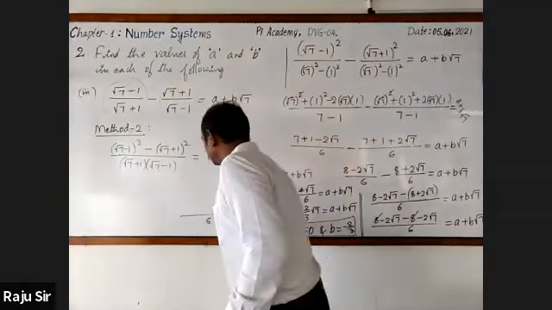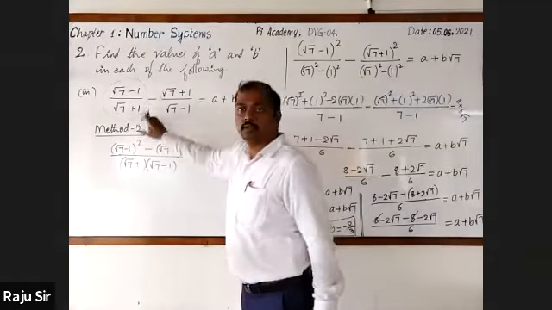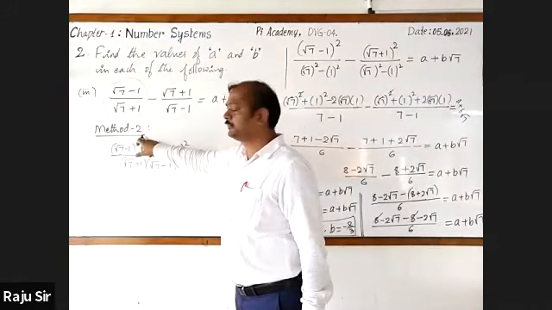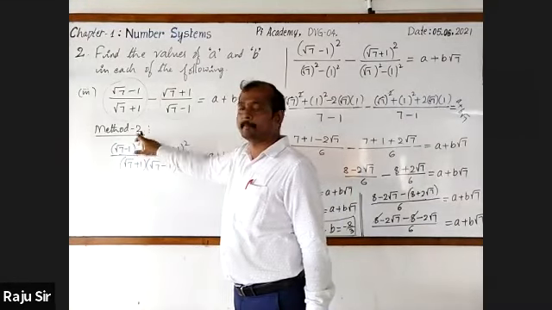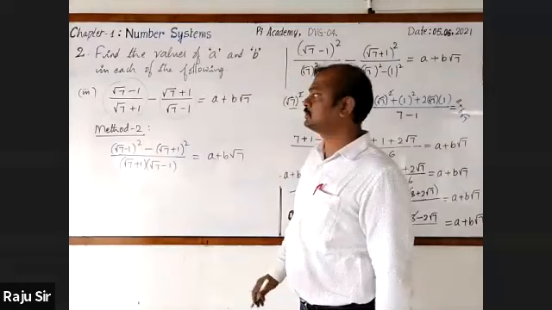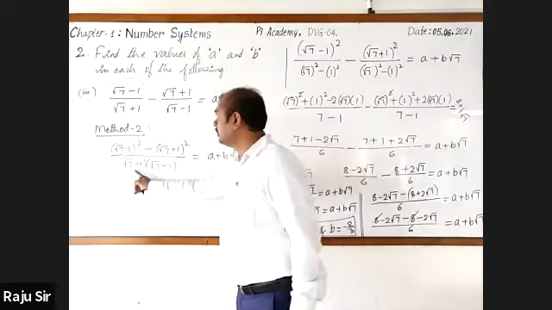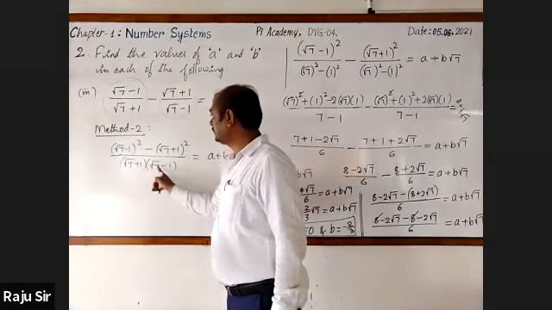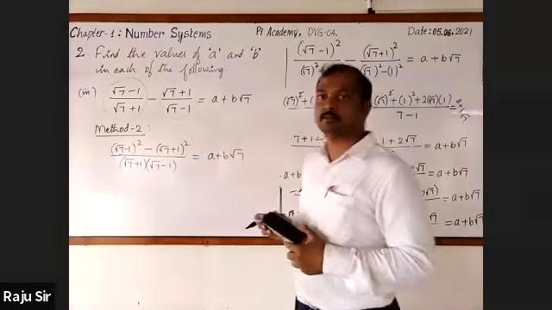I'll explain. First, you write this method 2. LCM is root 7 plus 1 into root 7 minus 1.